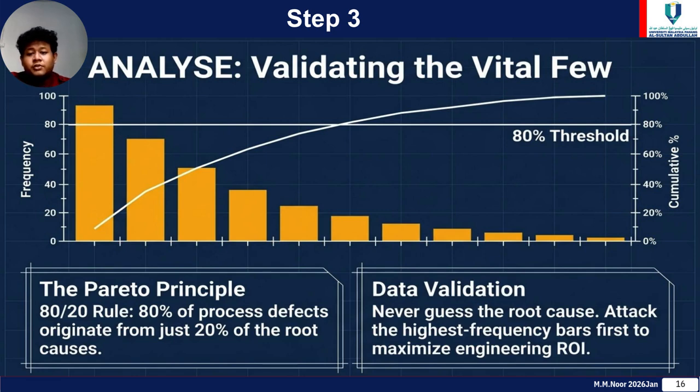Through strict data validation, we ensure we never guess. We prioritize and attack the highest frequency bars on our Pareto chart first. This systematic approach allows us to focus our limited resources on the root causes that yield the maximum engineering ROI.